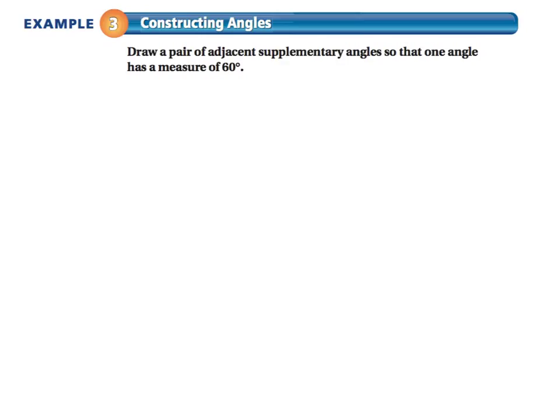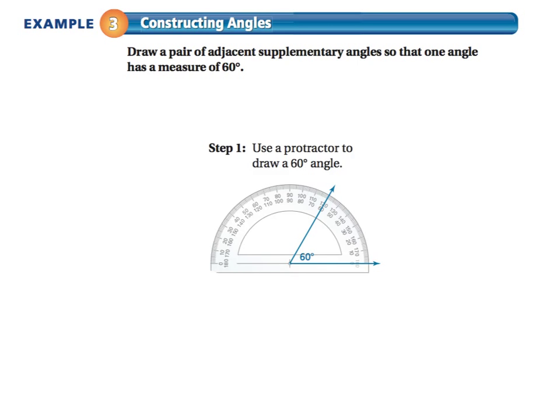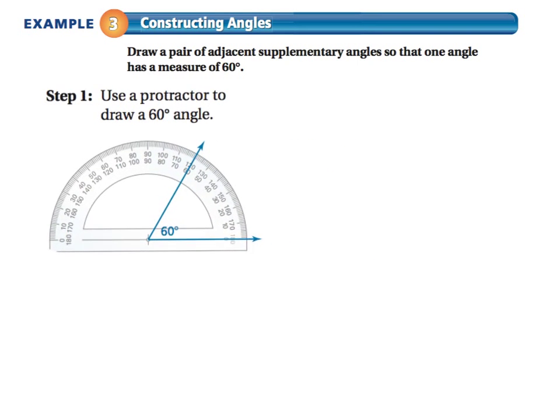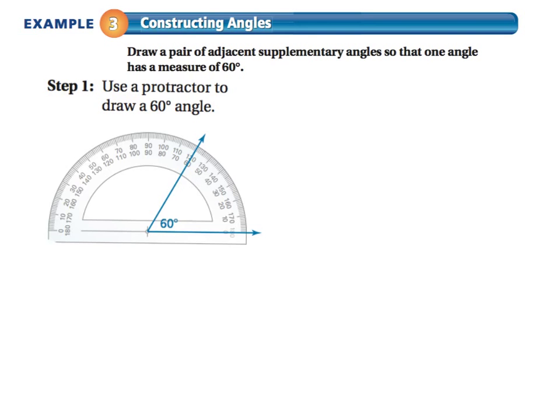We're going to use our protractor and draw an angle measure of 60 degrees. Now, once again, you would not use this 60 degrees right here because this would make an obtuse angle. So we need an acute angle.